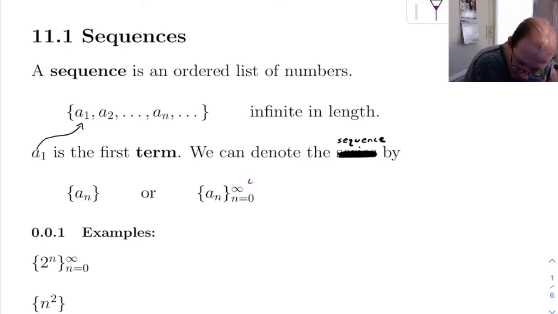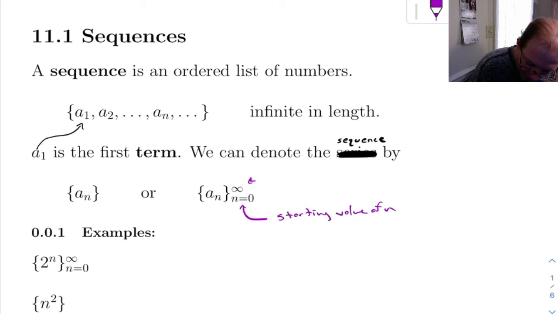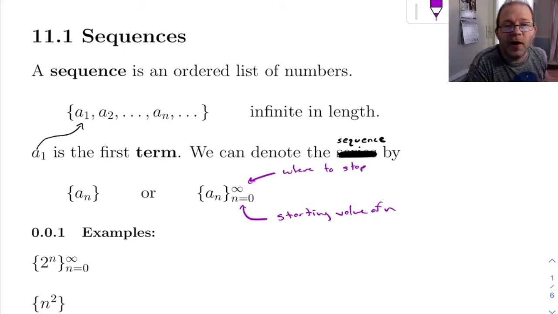And sometimes we'll put this over here. This n equals 0, that's a subscript that tells you where to start. And up top, this tells you where to stop. Or maybe a better thing would be to say how high to go, because if it's infinity, you don't really stop.